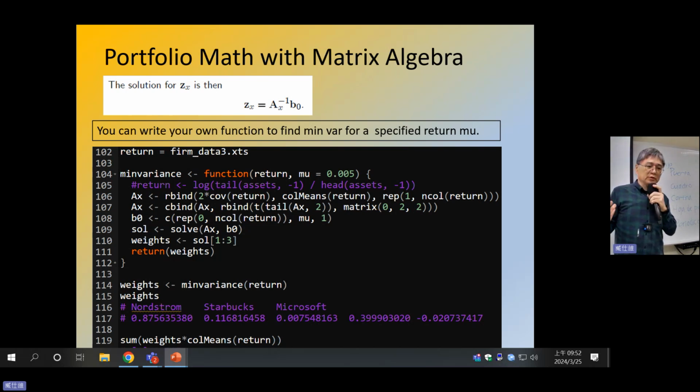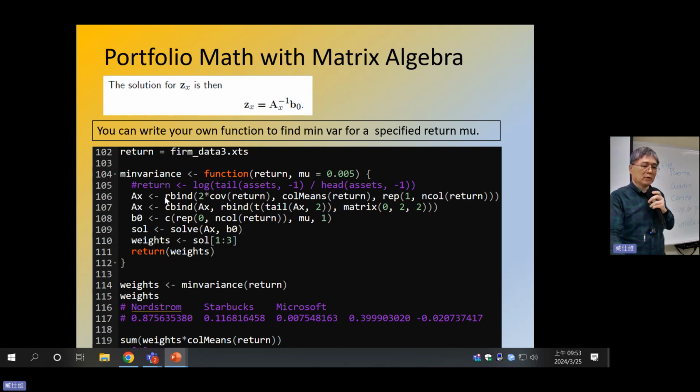Based on this, I can then use the solve function. AX matrix refers to the matrix we will generate. Here you can see AX equals 2 times the covariance of returns, followed by the column means of the returns.